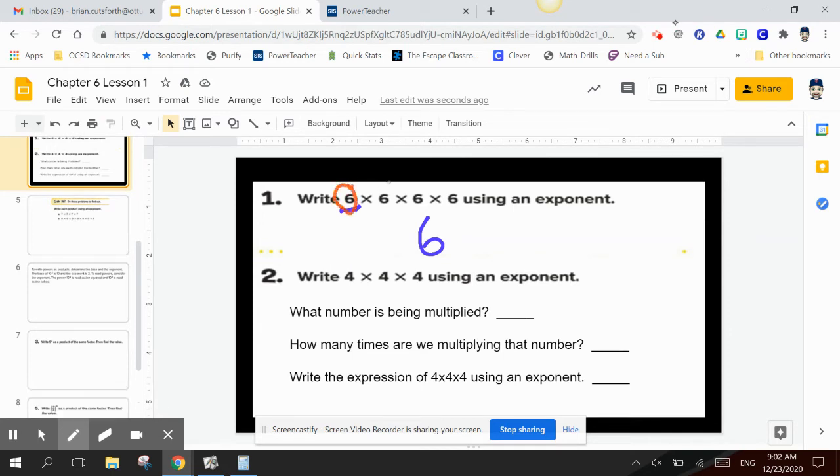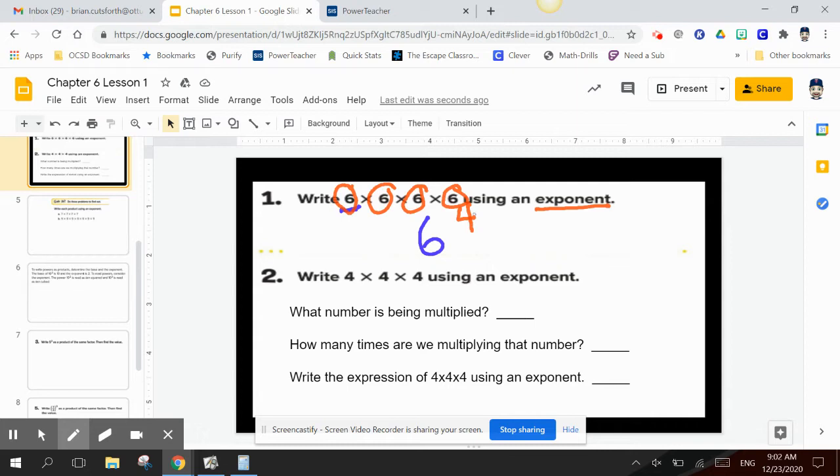Well, it's being multiplied once, twice, 3 times, 4 times. There are 4 sixes. So I put that number up in the air as my exponent. So to write 6 times 6 times 6 times 6 as an exponent, I write 6 with a 4 up in the air. So 6 to the 4th power.